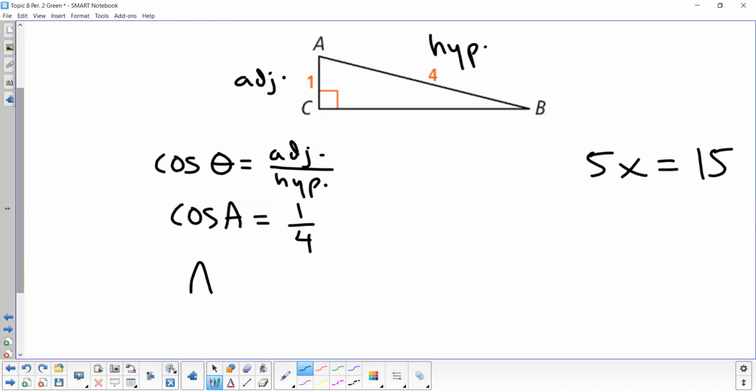We can just go straight to saying, look, I've got cosine of A equals 1 over 4. So angle A equals the inverse cosine of 1 over 4. You're getting in the 70s.